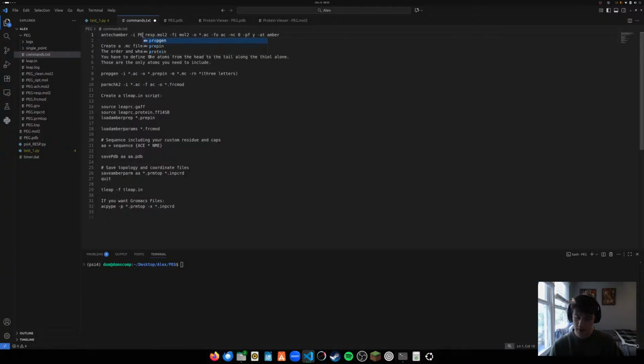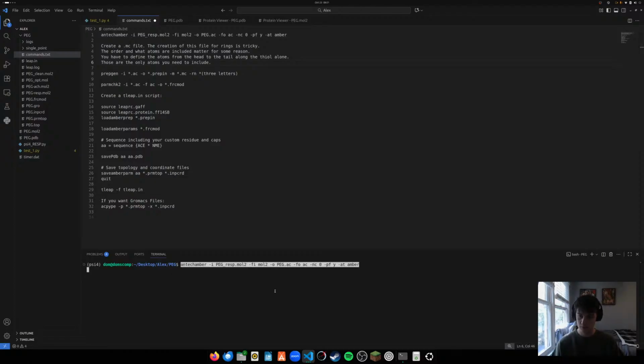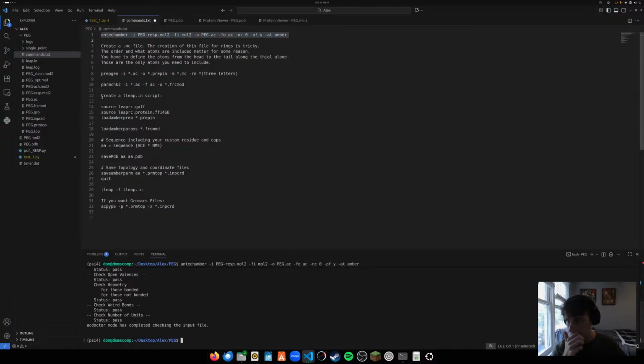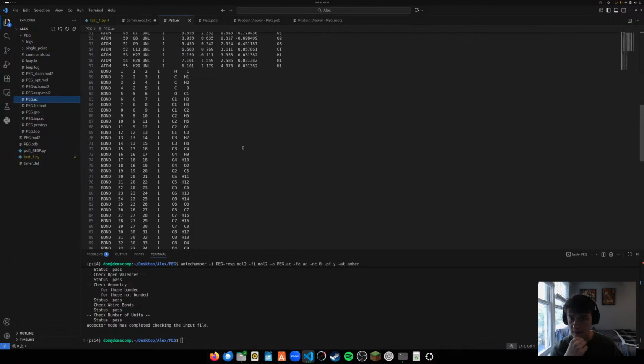So we want PEG, RESP-mol2, PEG. So this will create a .ac file for antechamber. Oh, I see. Nice. Okay, so that created the .ac file here.